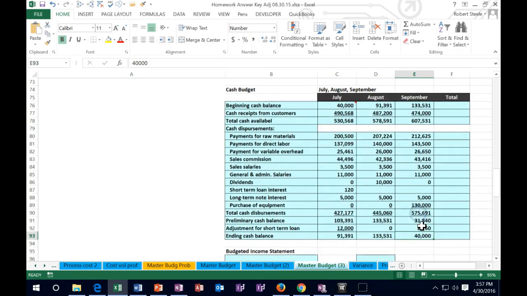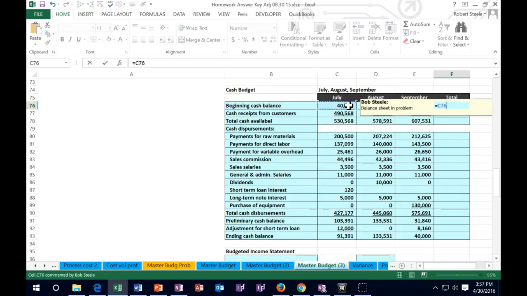Then, of course, if we look at the total here, the total as of this point in time is going to equal this 40,000. And then if we sum up, this total here, we're going to start off as of the full time period. Starts off at the beginning here, which happens to be the same number, the 40,000 at the beginning.